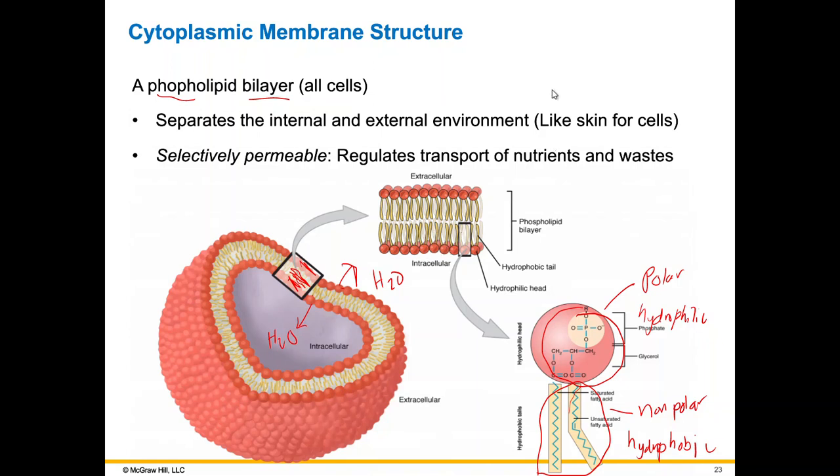It's sort of like their skin, and it is selectively permeable, and that means it only allows certain things in and out of the cell. Not anything and everything can just go in all willy-nilly. The cell decides that based on, we'll just say based on chemistry for now.